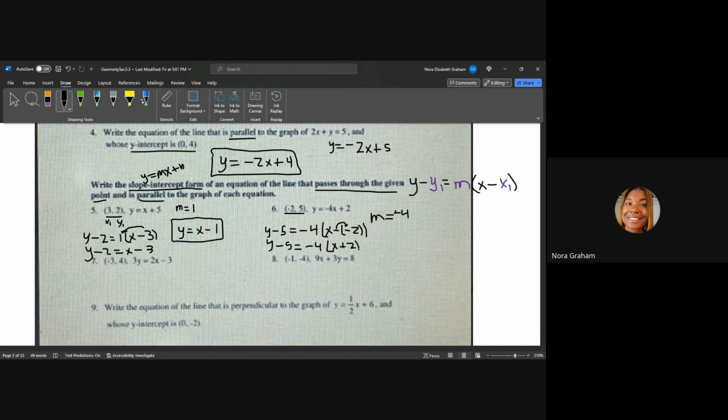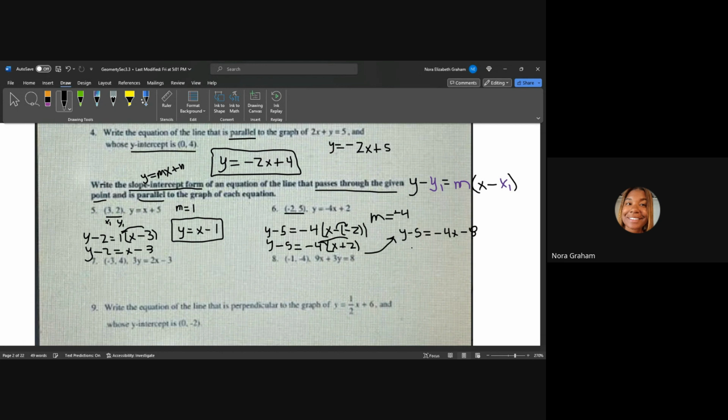All right, so you have to be careful with your signs right here. After that step, we can go ahead and distribute that -4 through to hit every single term. So then I would get y minus 5 equals -4x minus 8.